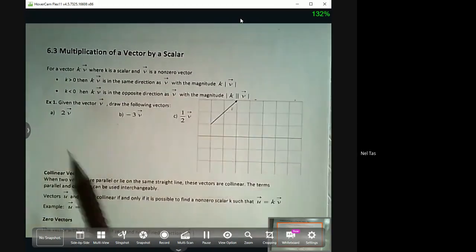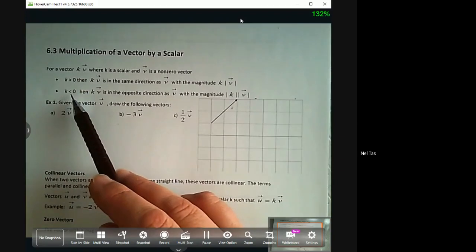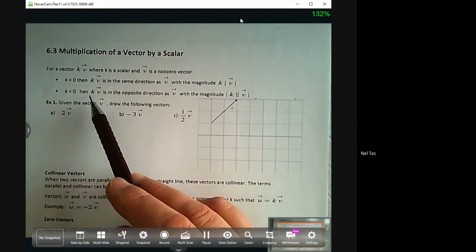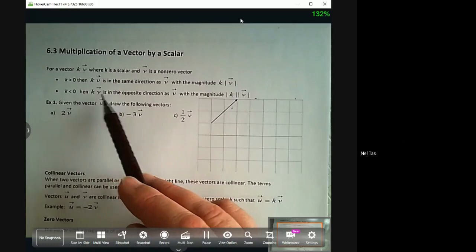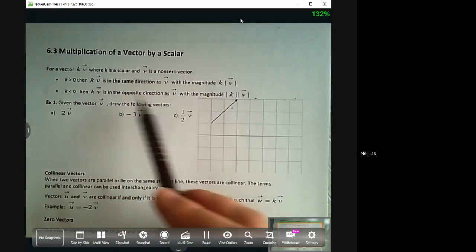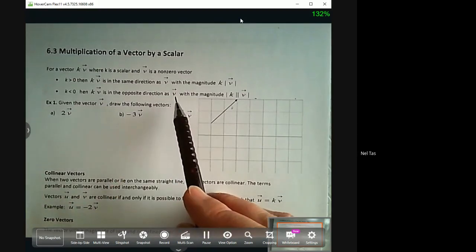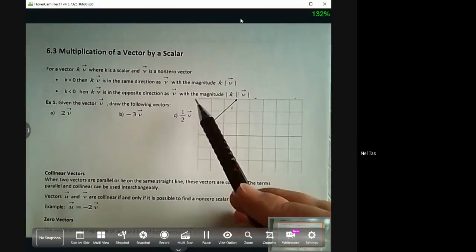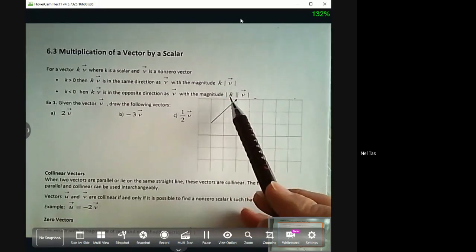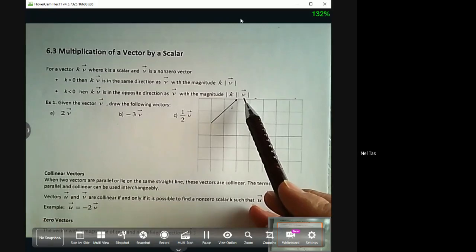50. If k is a negative number, let's say negative 4, then k times v is in the opposite direction as v. So negative 4v is opposite to v. And the magnitude is the absolute value of k times the magnitude of v.